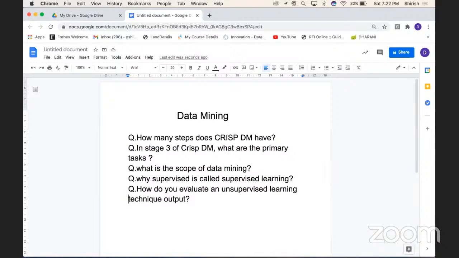So what are the examples of unsupervised learning? Let's talk about that first. What techniques come under unsupervised learning?